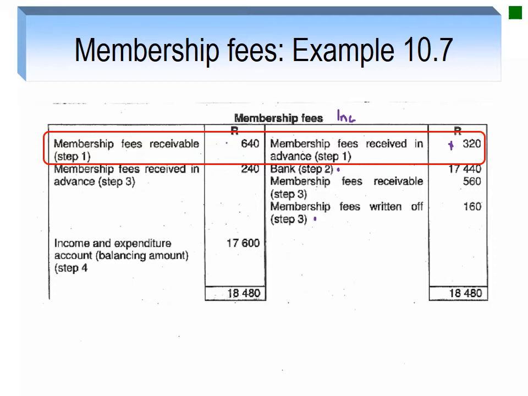But we started off by first reversing the entry we did last year by crediting the membership fees receivable account, which had a debit balance, and debiting membership fees. And this debit, as I said, is going to be offset by part of the bank entry and the membership fees written off entry. Because remember, these membership fees would have been raised last year as income.